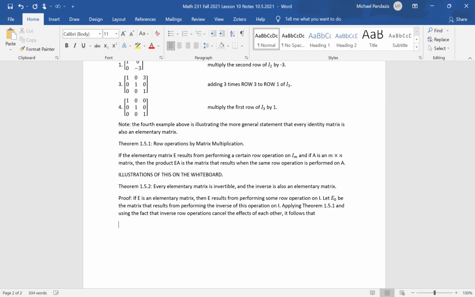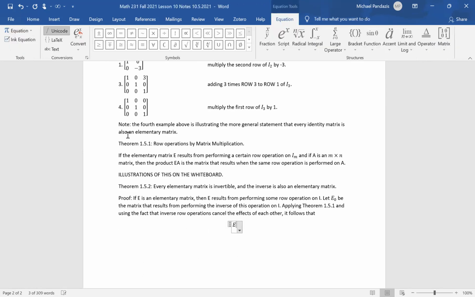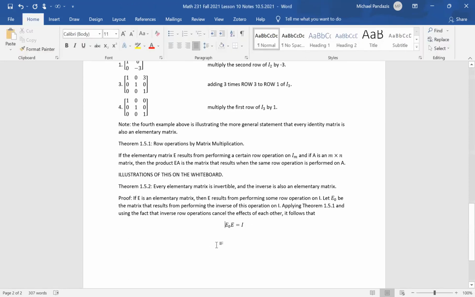it follows that if you take E naught times E, it's equal to I. So what's happening is that E would perform a certain elementary row operation.